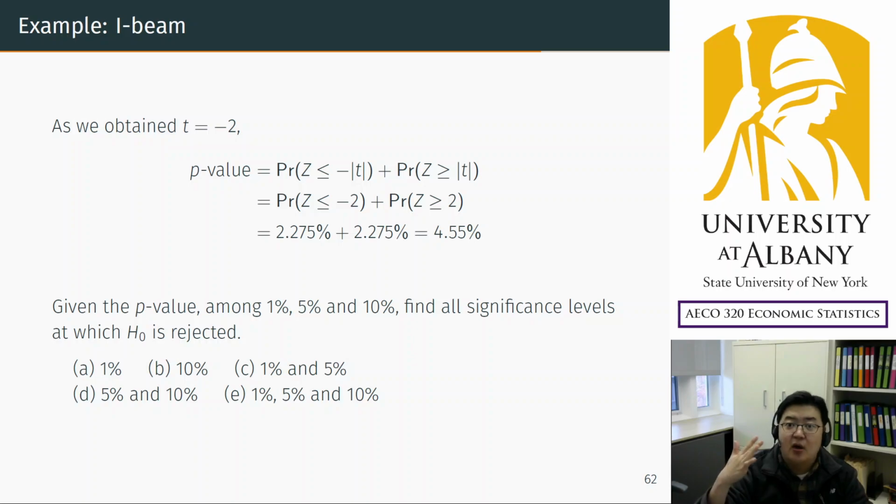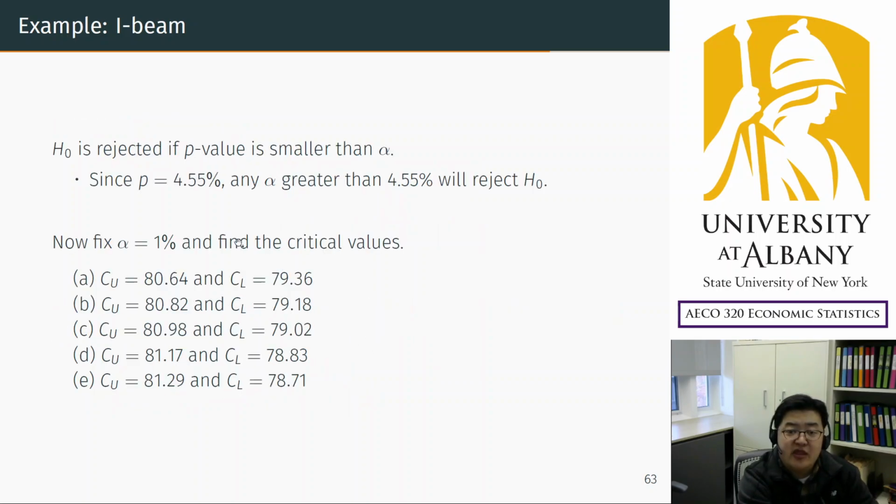We studied what happens if you change alpha and compare different values. But now in the critical value approach, you have to fix alpha to calculate the values. So I am going to use 1% alpha and find the critical values.